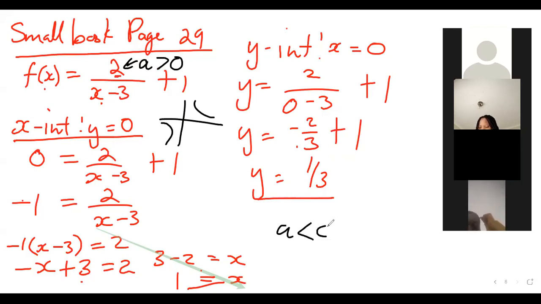If A is less than 0, the graph is on the second and the fourth. This graph will be on the first and the third, because A is greater than 0. Then you sketch your asymptotes first, then your intercepts. Okay? All right, let's proceed.